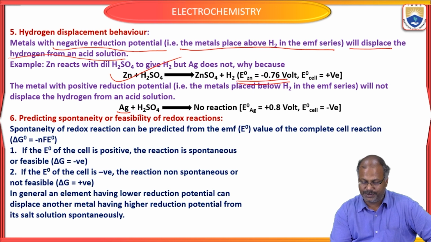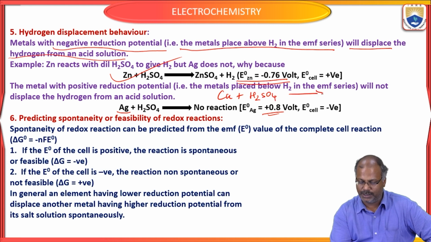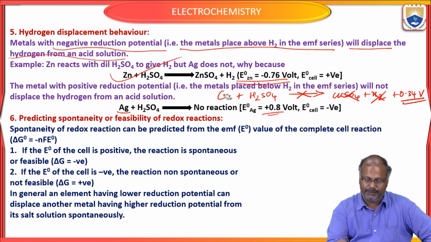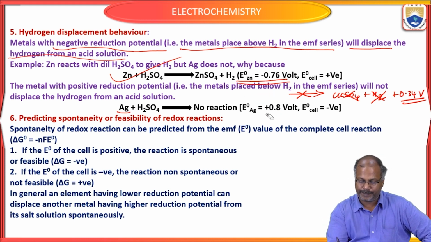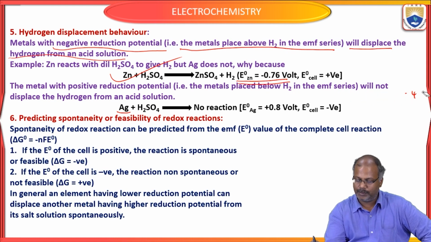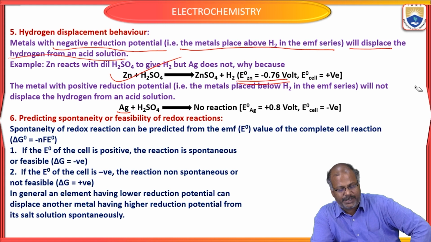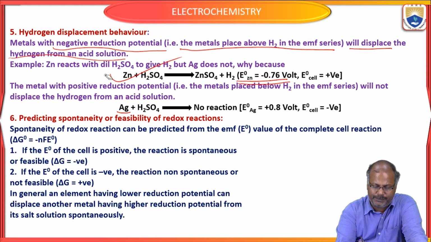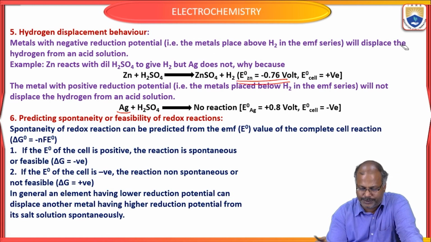Similarly, copper plus H2SO4 does not give copper sulfate plus hydrogen, because of the plus 0.34 volts electrode potential of copper. So a metal with positive reduction potential, that is a metal placed below hydrogen in the EMF series, will not displace hydrogen from an acid solution.